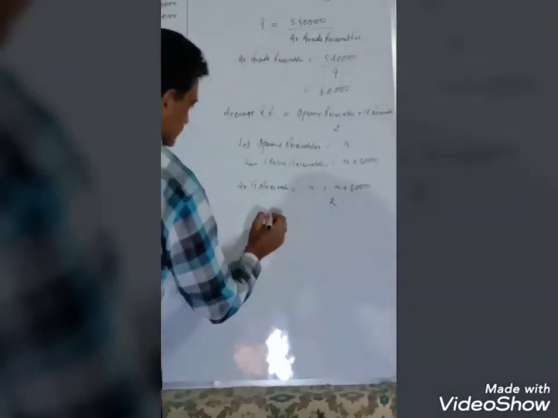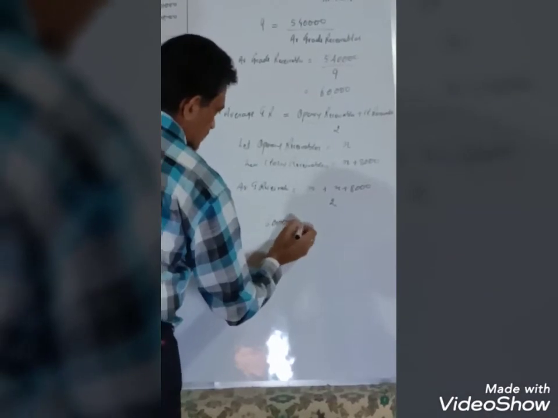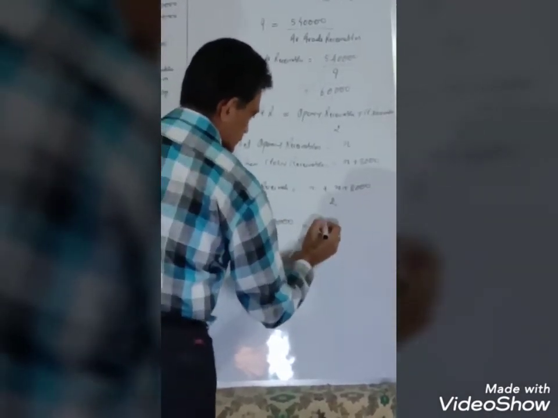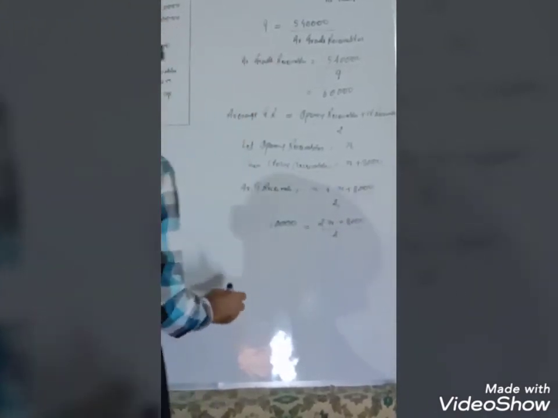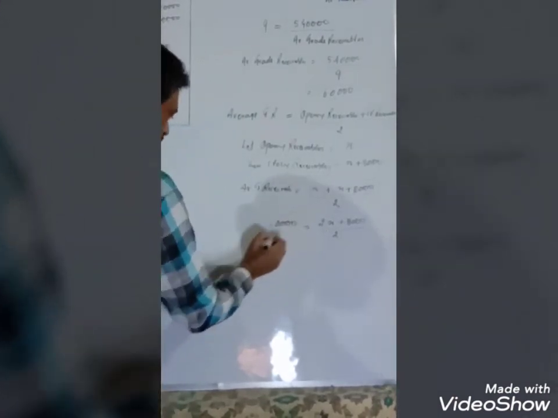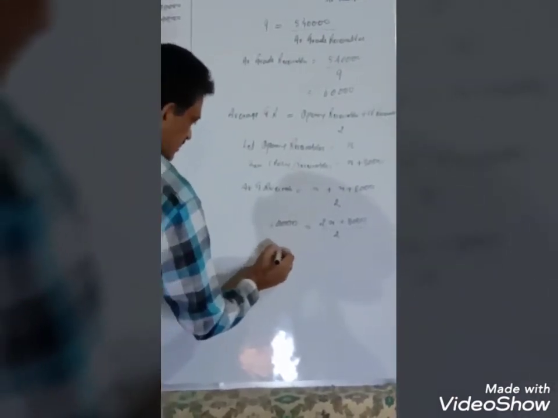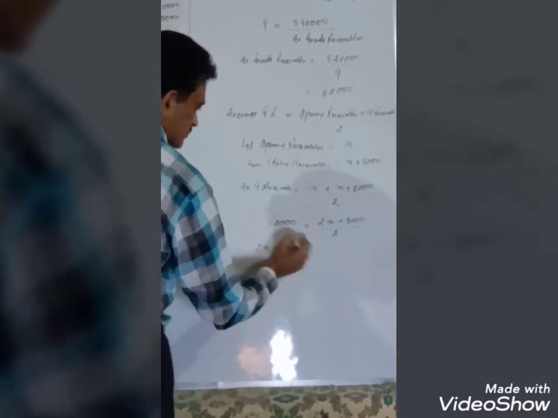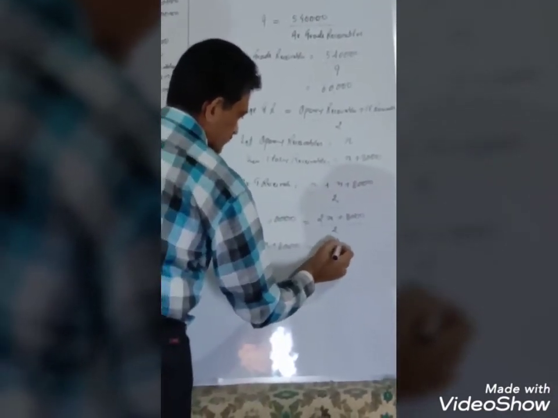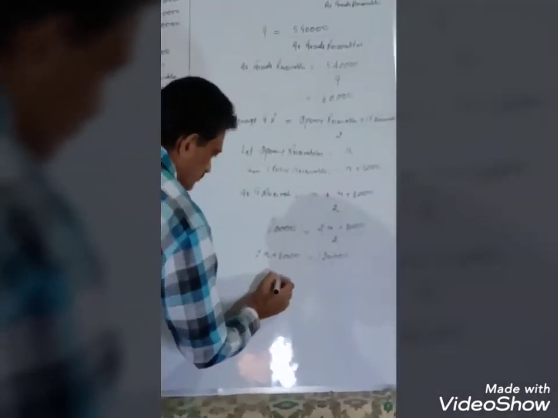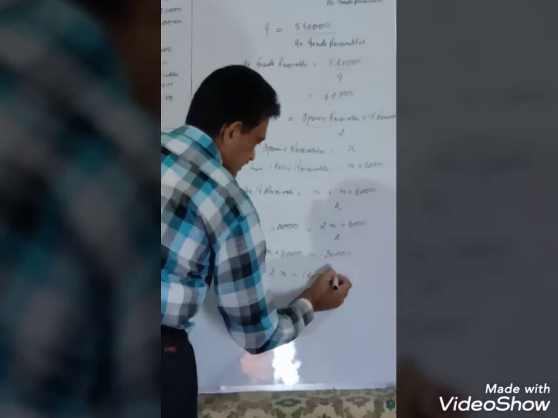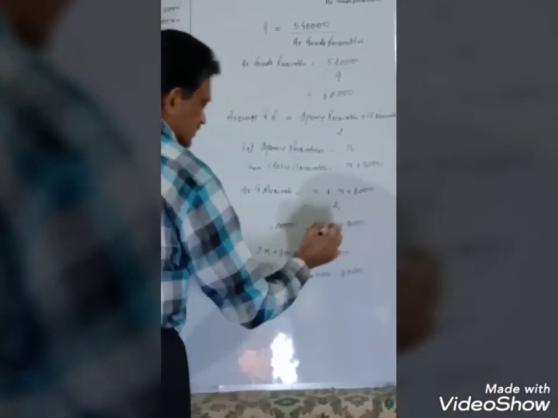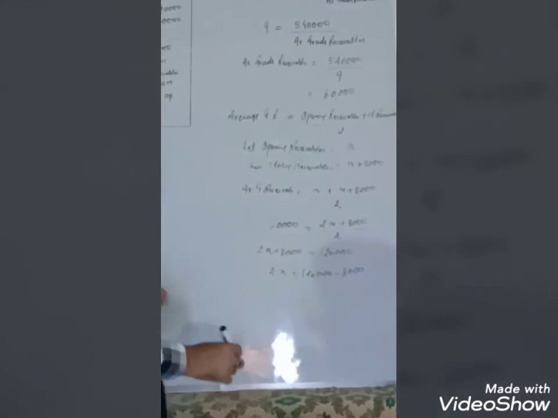We put the value: 60,000 is equal to 2X plus 8,000 divided by 2. Now by simplifying, 2X plus 8,000 is equal to 1,20,000. This is what we get by cross multiplying. Now 2X is equal to 1,20,000 minus 8,000. We are transferring 8,000 to this side.